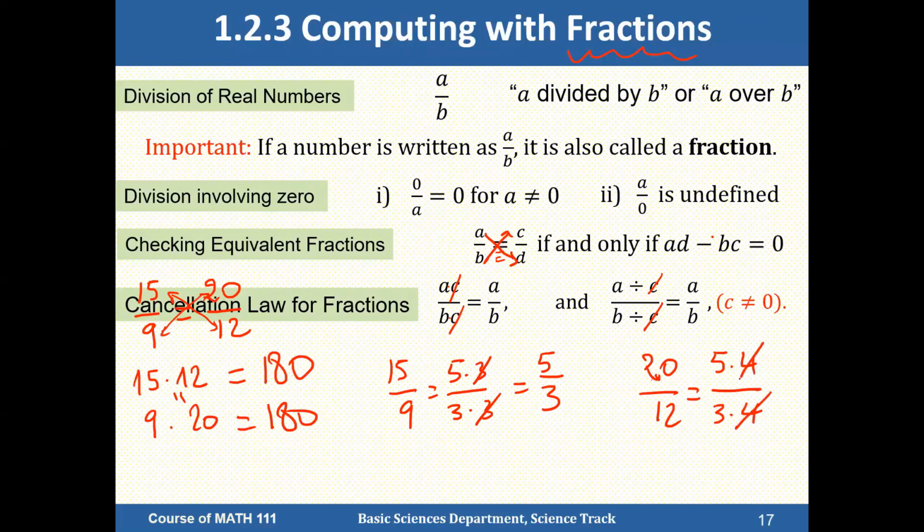So we have a common factor in the numerator and denominator. We can cancel and we get 5 over 3. And you see that these two fractions are both equal to 5 over 3. So this is another way to check whether two fractions are equal.